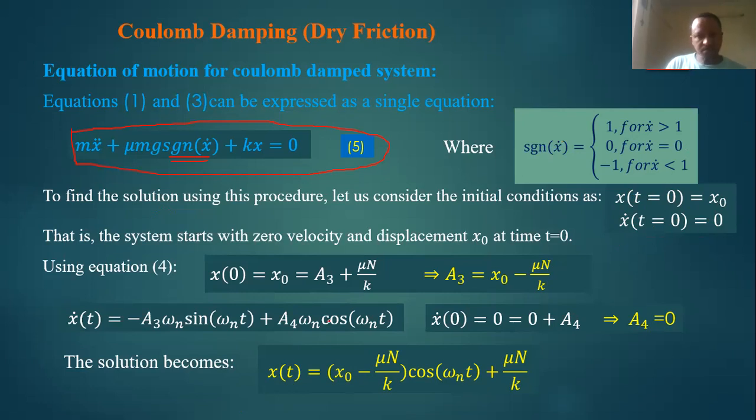So the system starts with 0 velocity and displacement x naught at time t equal to 0. Applying these to equation number 4, we get the constant A3 equal to x naught minus mu N over k.